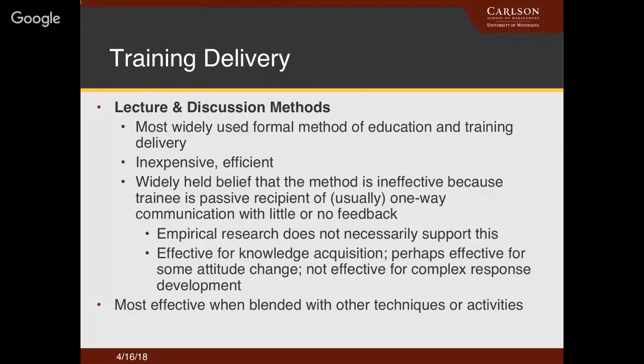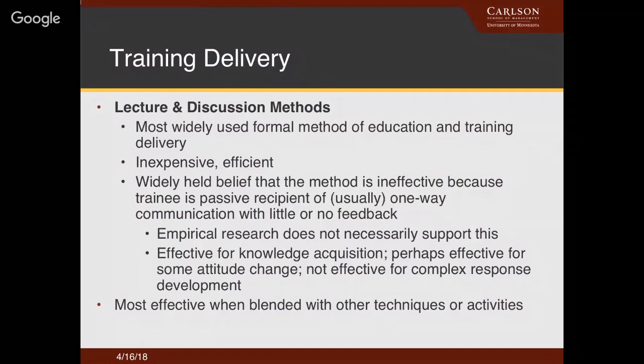In fact, there's evidence that active lecturing, lecturers who are very engaging and who involve the audience in the lecture process, can actually produce substantial amounts of knowledge using this method. So there's definitely evidence that this works best for knowledge acquisition. So if we're talking about declarative knowledge rather than procedural knowledge, but also to some extent for attitudinal change and other types of variables as well.